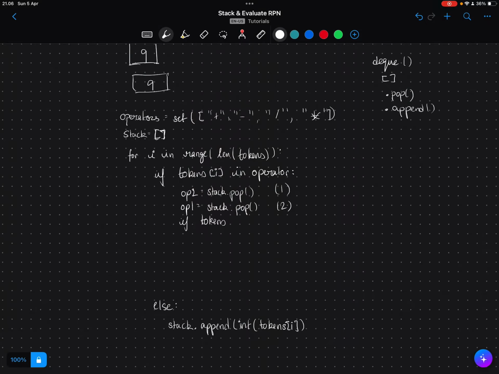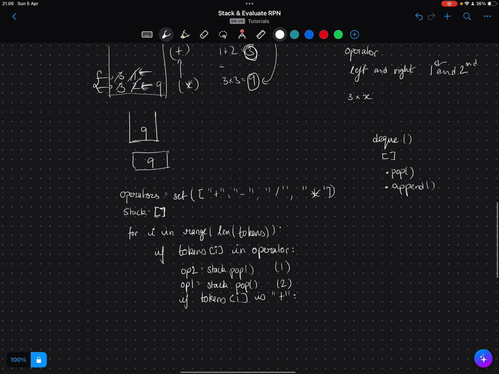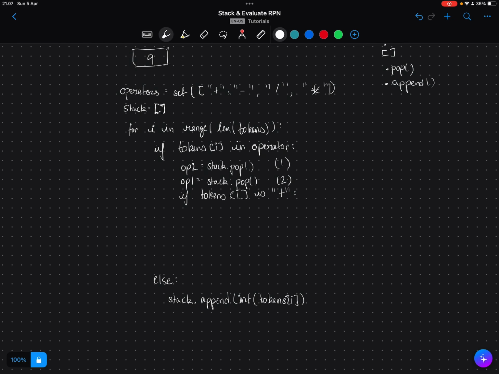Okay, so if tokens[i] is a plus, right, then we will simply just plus it and we'll add the result to the top of the stack. That's what we did with 3. Remember, we added 3 on top of the stack as soon as we were done with 1 and 2. So we'll just do stack.append operand 1, operand 2, sum of them.